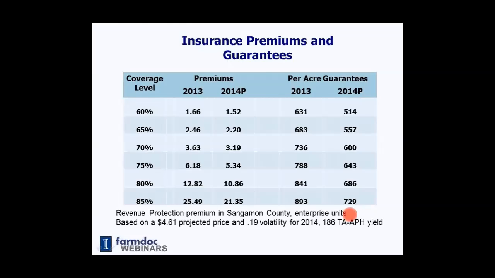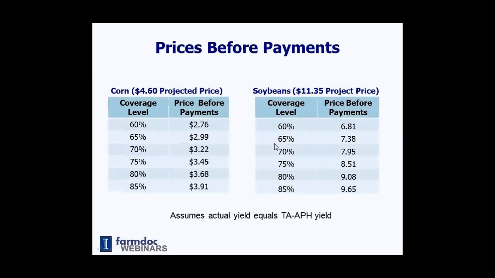Again, we are going to be looking at a different risk reduction environment in 2014 than we were looking at in 2013. If those projected prices hold, here are the harvest prices that will have to result before we have a payment. And this assumes that the actual yield is the same as the trend adjusted APH yield.